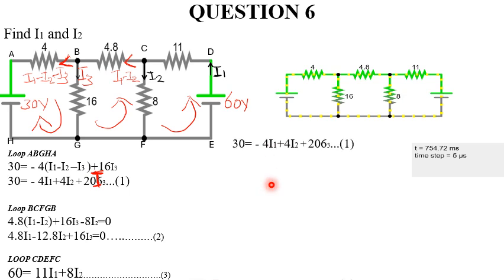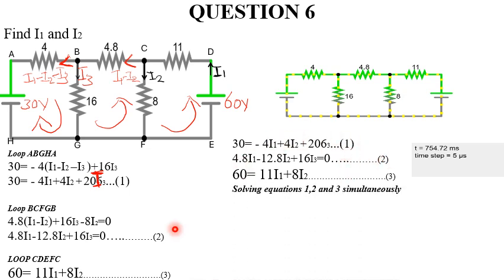So after finding our three equations, we now solve them simultaneously. We can use our calculator to do that. We confirm that I1 is equal to 3.2, I2 is equal to 3.1 amps, and I3 is equal to 1.5 amps. So basically, this is how we solve this. We see that this question didn't tell us to apply KVL or KCL.